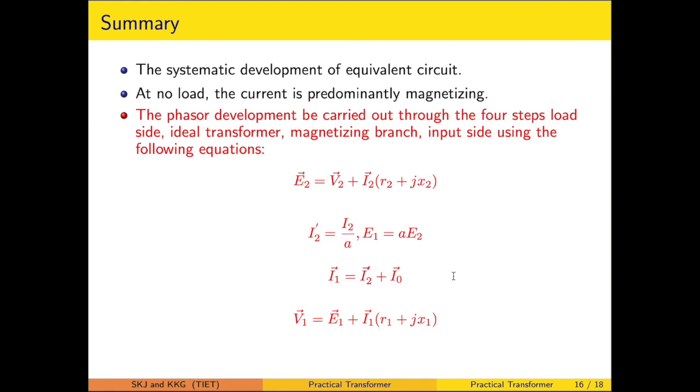The equations are summarized likewise, and lastly the phasor development has been carried out, but you are requested to go through the development on your own for practice. Development can be carried out for the zero power factor inductive load, which is also sometimes asked, and you can do a practice likewise.